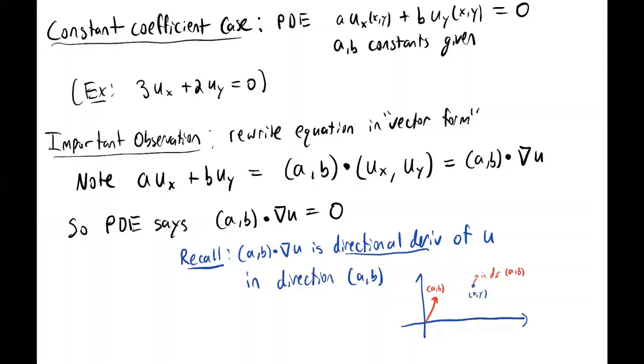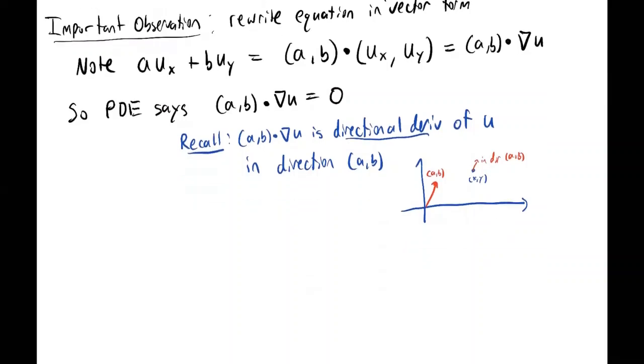And so once you make this connection to directional derivatives, this partial differential equation has a nice geometric interpretation. What it's basically saying is that at any point, if I move in the direction a comma b, my function has to remain constant, right? Because the derivative is 0, meaning that the values can't change if I move in the direction a comma b, right?